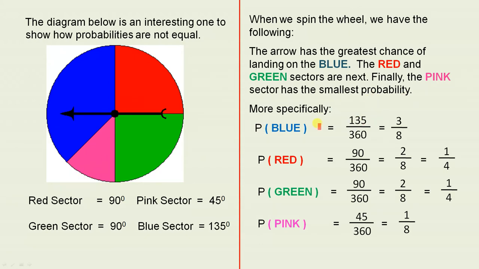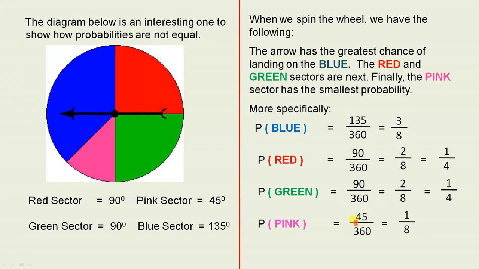More specifically, the probability that the arrow will land on a blue is 135 over 360, which is 3 over 8 when you simplify it. The probability of landing on a red is 90 over 360, which is 2 over 8, which is 1 over 4. The probability of landing on a green is 90 over 360, which is 2 over 8, which is 1 over 4.